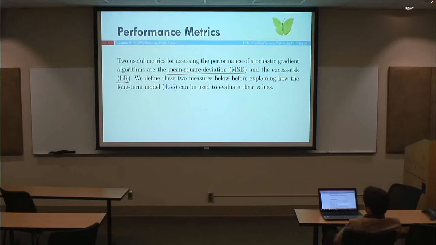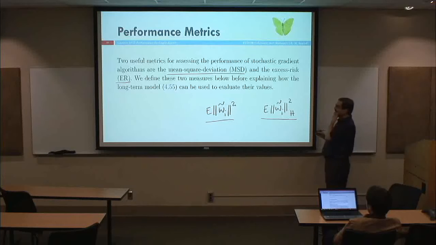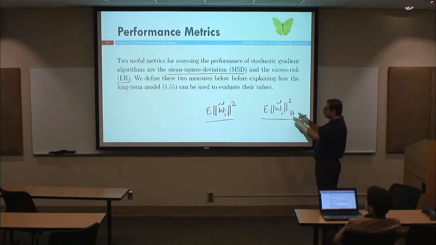I already gave you a hint that we are interested in quantities that involve measures of this kind, and that also involve weighted measures of this kind with the Hessian matrix here. And these two quantities, as you are going to see, are related to the mean squared deviation and the excess risk. Okay, but I'm going to make this definition more precise, okay?